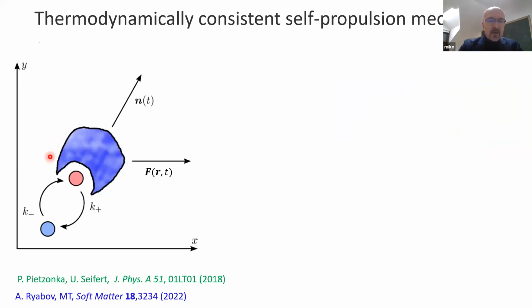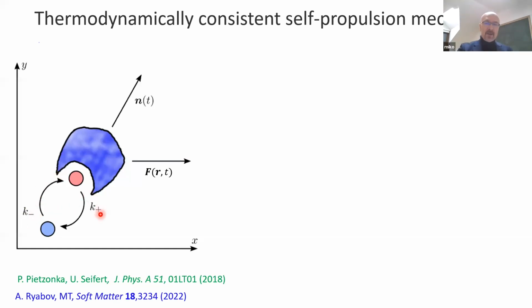So we have here a cartoon, our active enzyme, which can move along director n. And there is a forward reaction, which takes a substrate, represented schematically by this red dot, transforming it into a product. And we also add the reverse step, closing this reaction loop with a rate k minus. So the reverse reaction can also occur, based on the principle of microscopic reversibility, with the rate k minus.